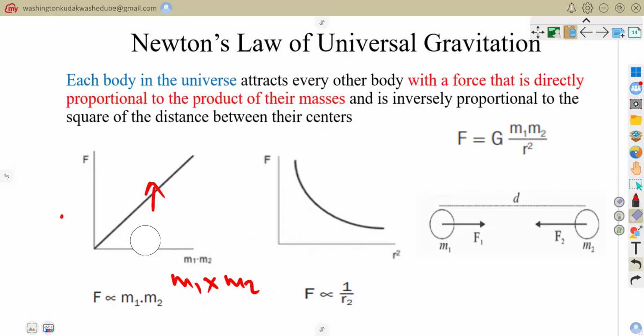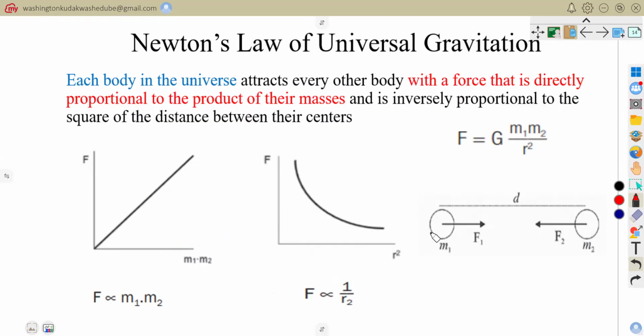So the diagram gives you an idea that the gravitational force, the attractional force between two objects, is directly proportional to the product of these two masses.